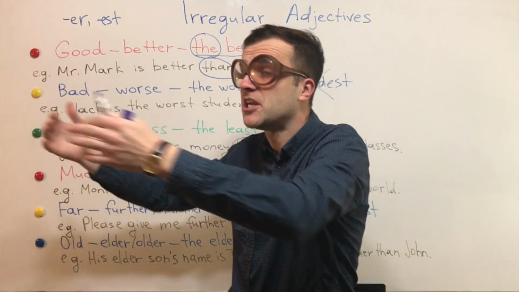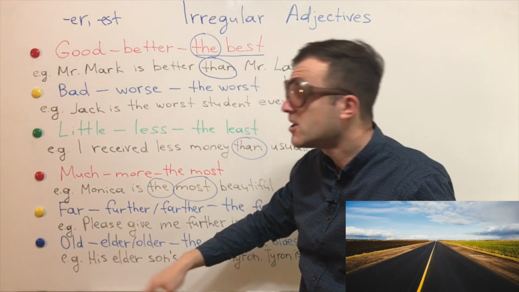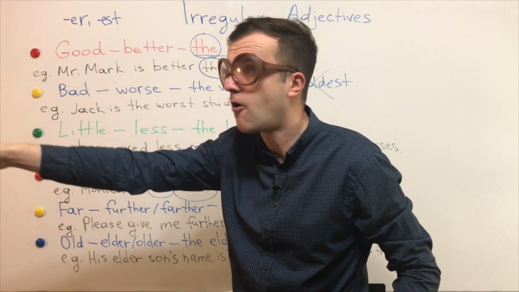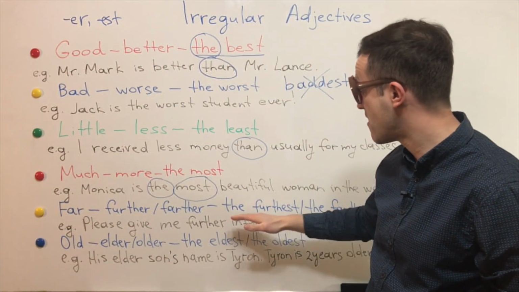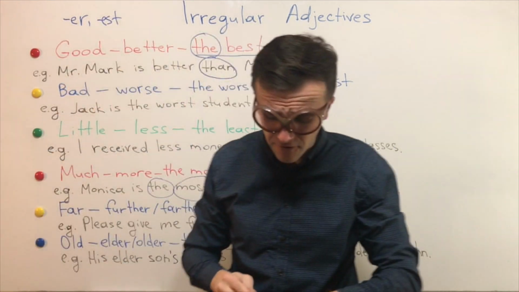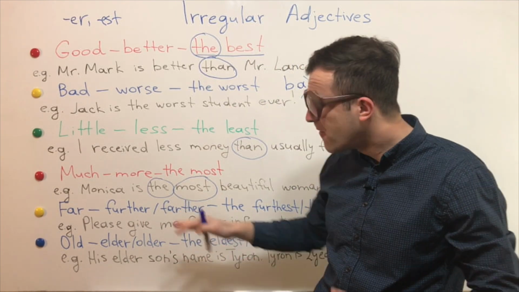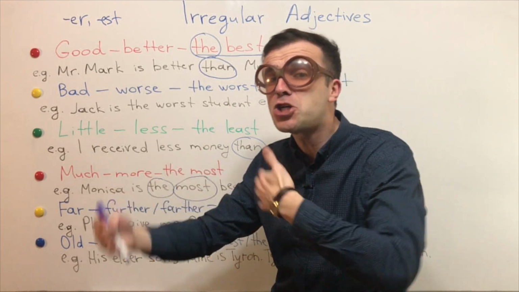Okay, so the next one is far. Far, you know, near, but far. So far, it's further or farther, and the furthest or the farthest. So what's the difference between further and farther? Further is additional.